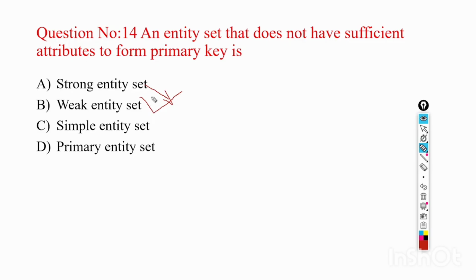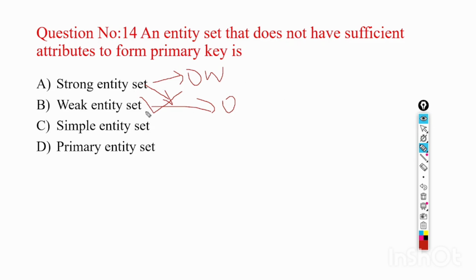A weak entity cannot uniquely identify the entities using its own attributes. It depends on the strong entity. We'll give an example. Dependent family members in an insurance database depend on the employee entity.